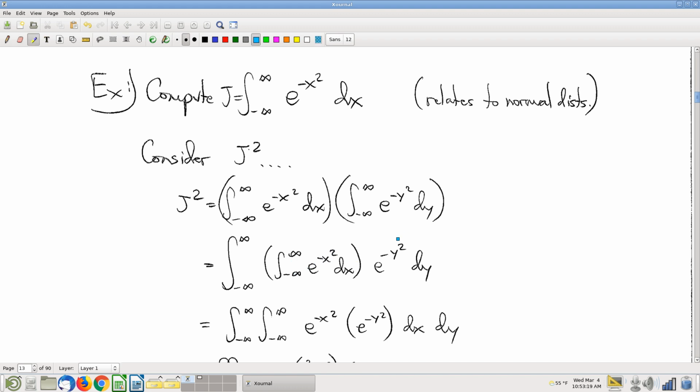Okay, now, next slick move. I claim that we can take this e to the negative y squared, and this is going to seem crazy, but I'm going to put it inside of this integral. Can I take that function of y and put it inside of the x integral, like so? The answer is, yeah, sure, no problem, because look at this, it's a function of y only.